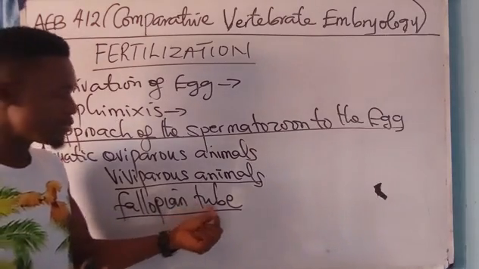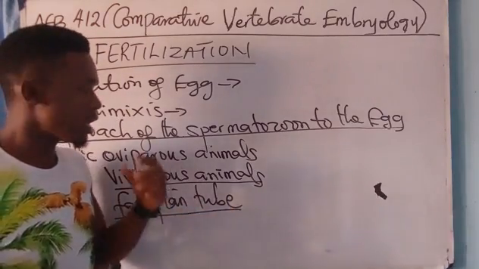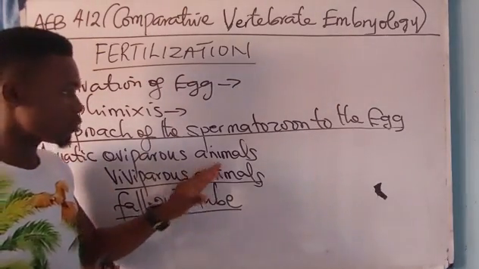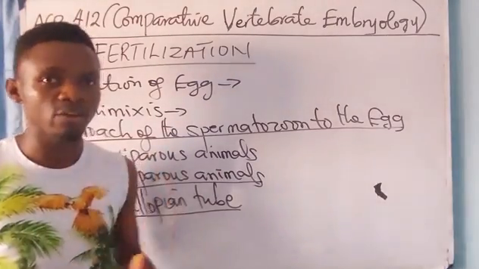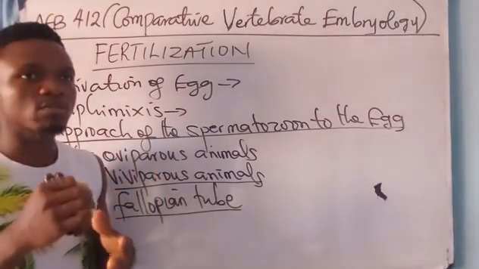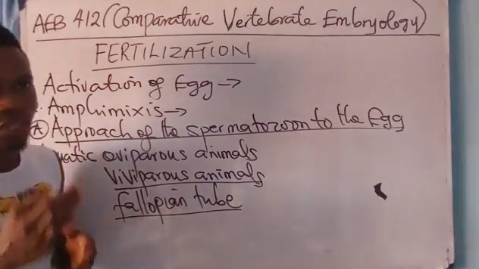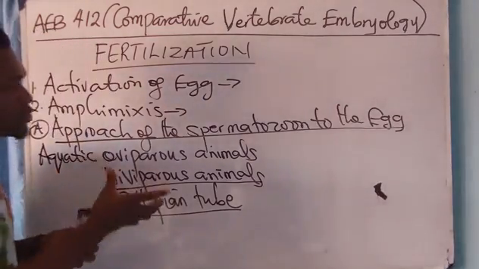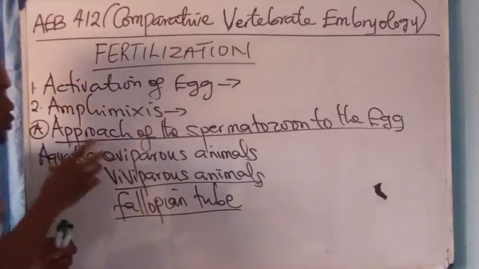Fallopian tube is the region of fertilization of the egg. The reason behind fertilization is to form the zygote. When the zygote is produced, it undergoes cleavage to produce different daughter cells. So this is just a brief introduction to what we have here.